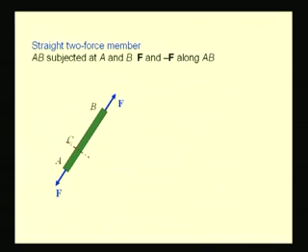Let us consider first a straight two force member AB, which is subjected to the force F at A and an equal and opposite force at B. If we are interested to know what kind of forces are set up at a section say C, then let us create a virtual section at C and create the free body diagram of one of the portions, say AC.